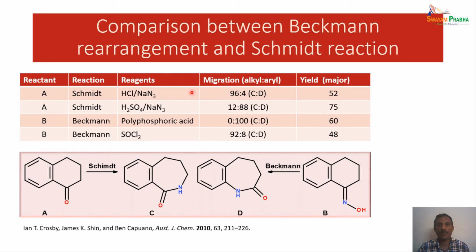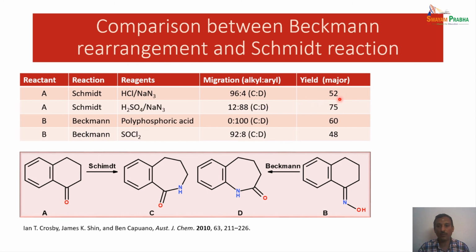Now here is a comparison between the different reaction conditions, that is the Schmidt reaction and the Beckmann reaction. For the starting material A, the cyclic ketone is the starting material. So when we use the cyclic ketone, we run the Schmidt reaction. So we have HCl conditions or we have sulfuric acid conditions.